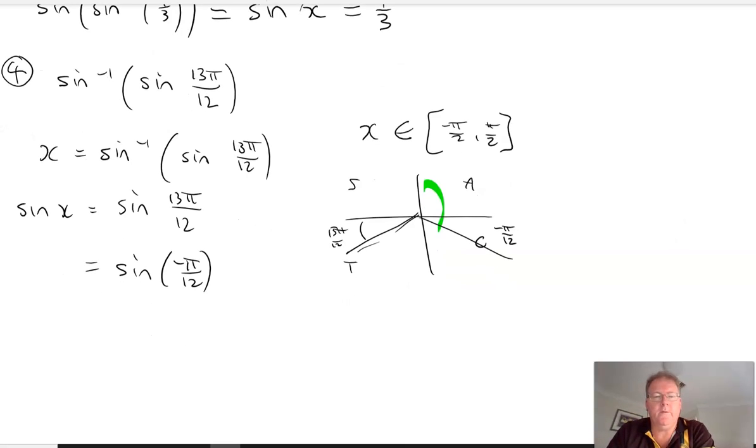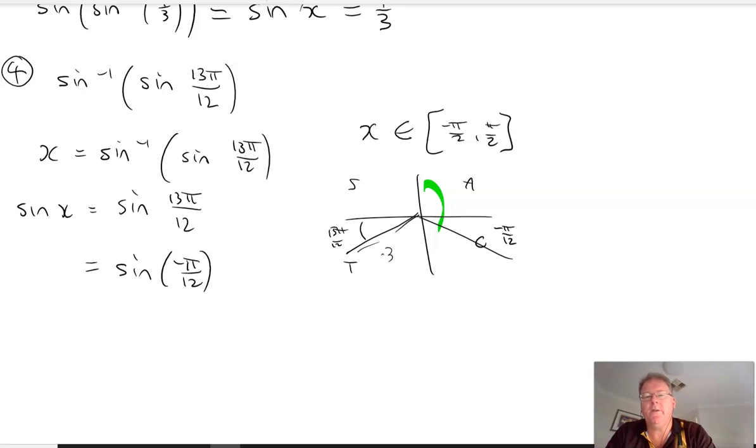Okay, so just repeating that, 13 pi on 12 is in the third quadrant. I keep saying the fourth quadrant, my apologies. In the third quadrant, sine is negative. So we can only allow values that are in the first or the fourth quadrant, between minus pi on 2 and pi on 2.